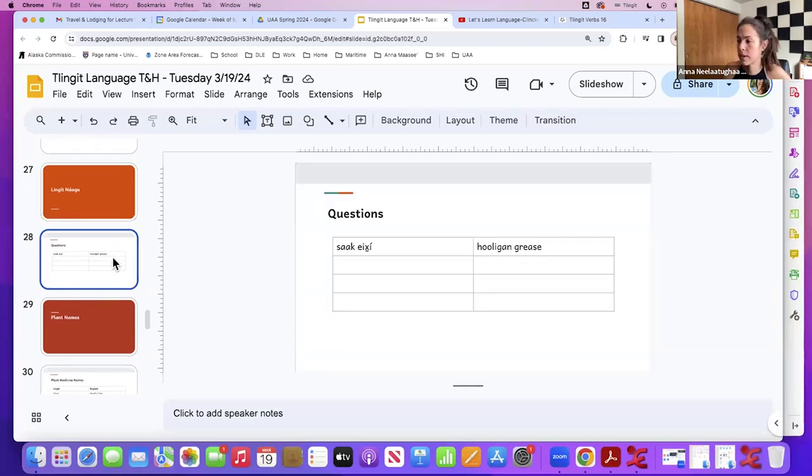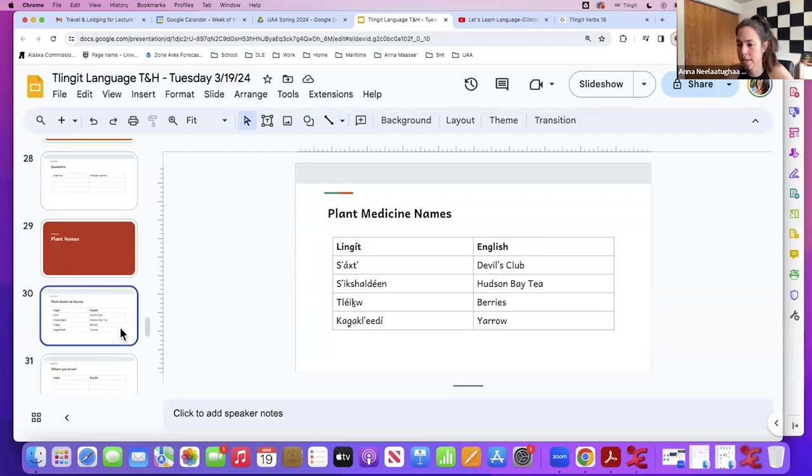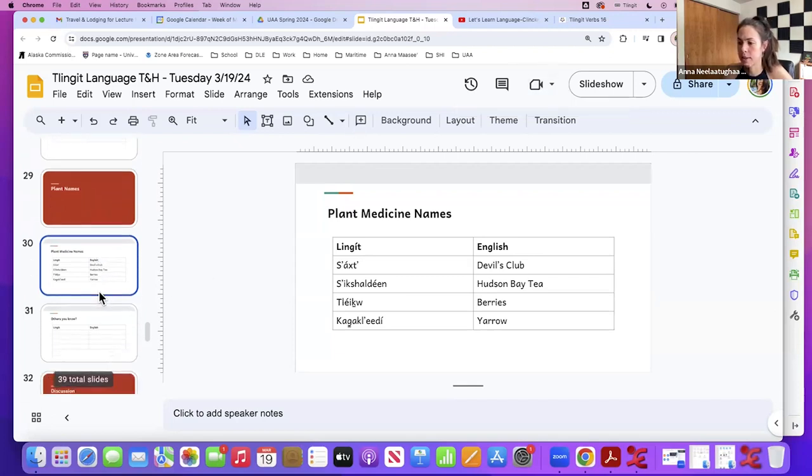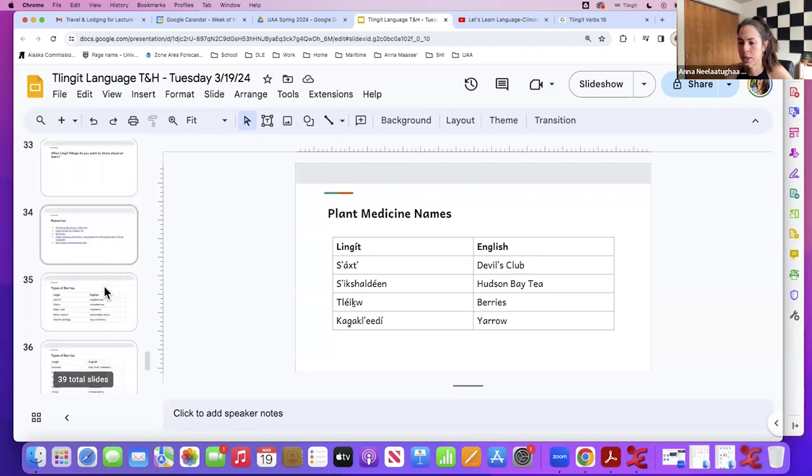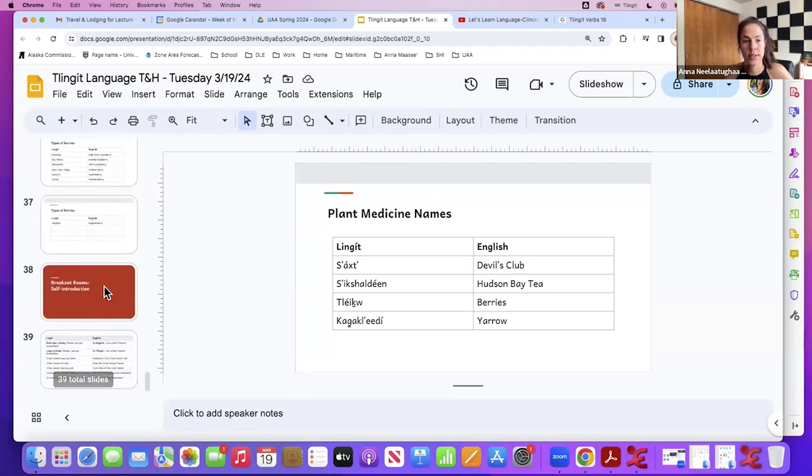We talked about hooligan grease before I left. Since we just have 10 minutes left of class, I'm just going to go over some of the plant medicine names with you. Did you guys finish your self-introduction? No? Okay.